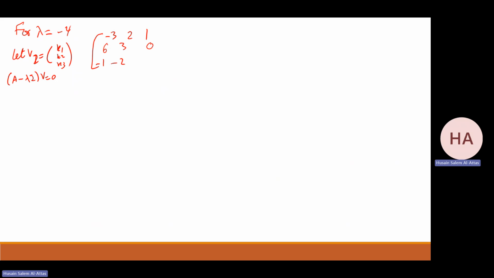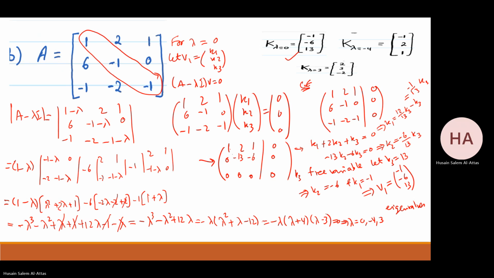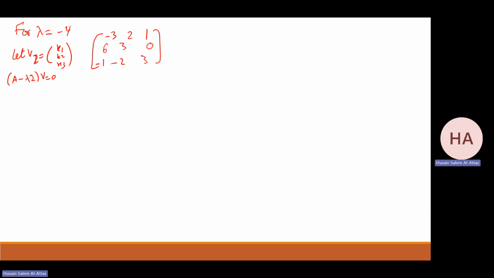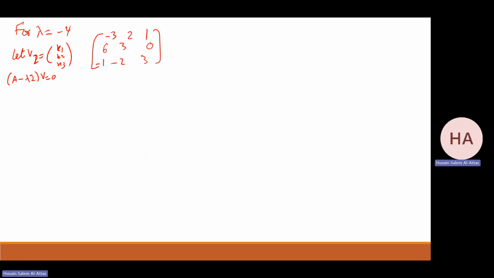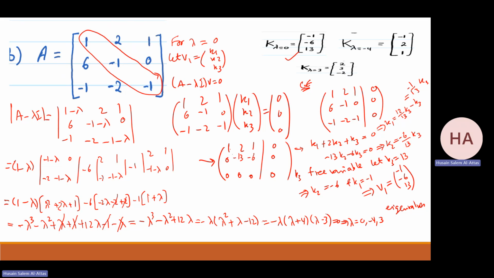Minus 1 minus 2. Minus 1 plus 4. That will be 3. Sorry. It's lambda is what? Minus 4. So I have 1 minus 4. That will be 5, 5, 2, 1.